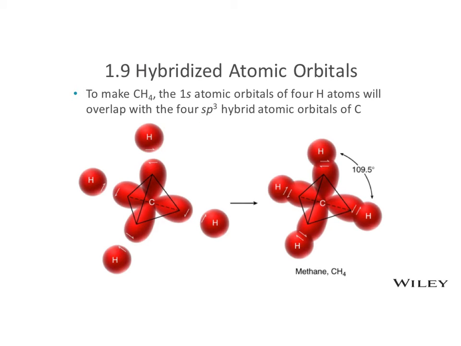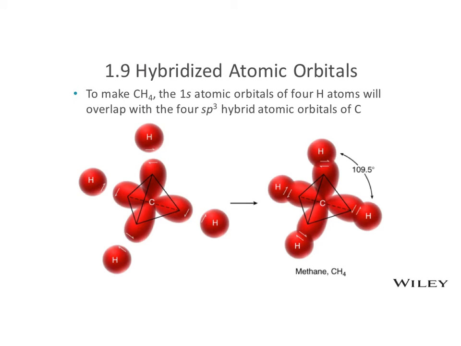In the center, we have our 4 different sp3 orbitals on carbon, each with 1 electron, as you can see there in white. And then these hybrids are going to overlap with the 1s orbital on each hydrogen. That's how we get the molecular orbital diagram, the bonding that we observe for methane.